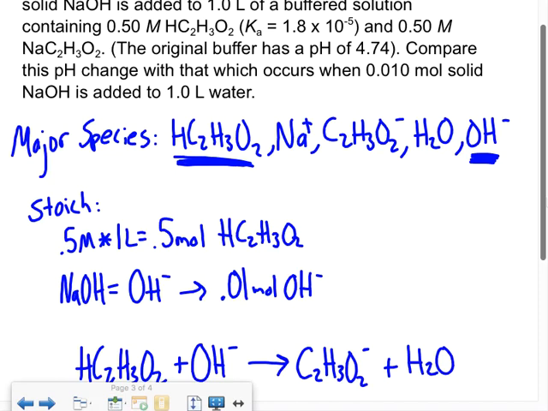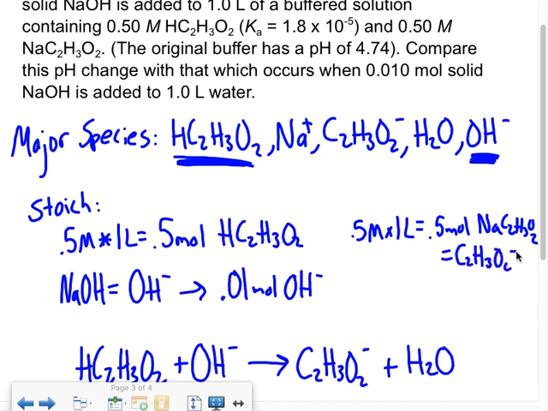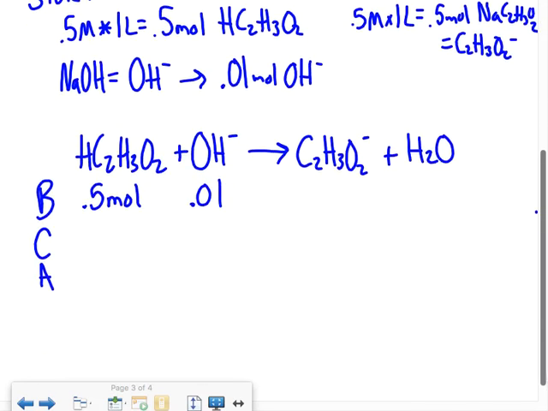We've got 0.5 molar times 1 liter gives us 0.5 moles, and that's of sodium acetate, but since there's one acetate in that, that's also going to be equal to our initial moles of C2H3O2 minus acetate ion. All right, so initially we have 0.5 moles of acetate as well from our buffer. And we can ignore the water because it's not going to be part of our equilibrium.